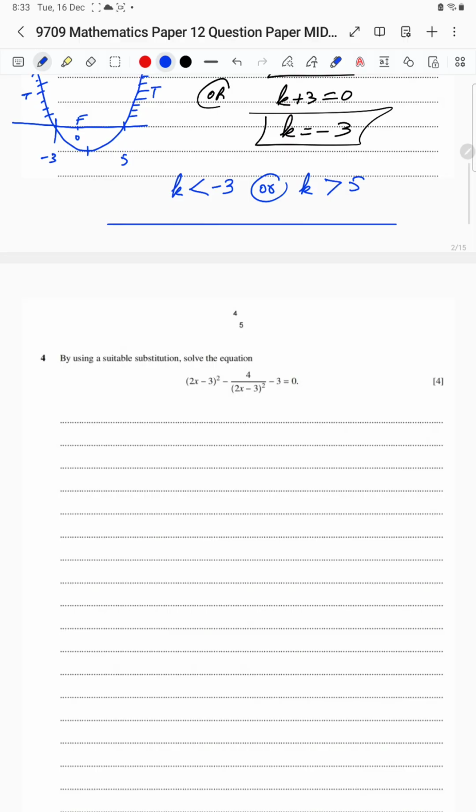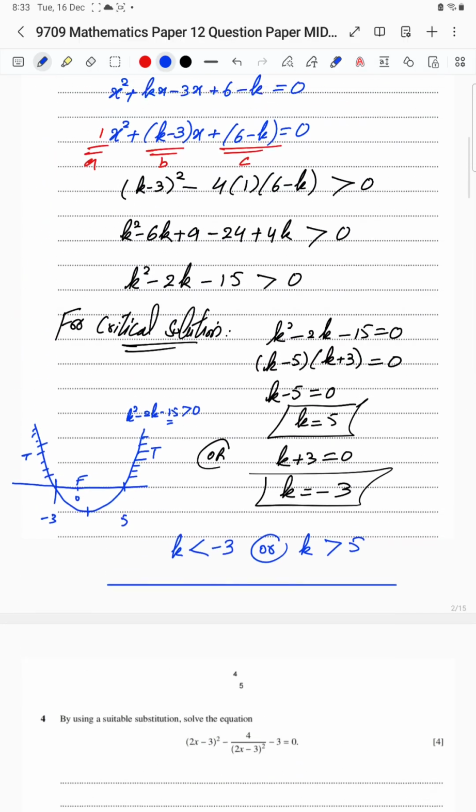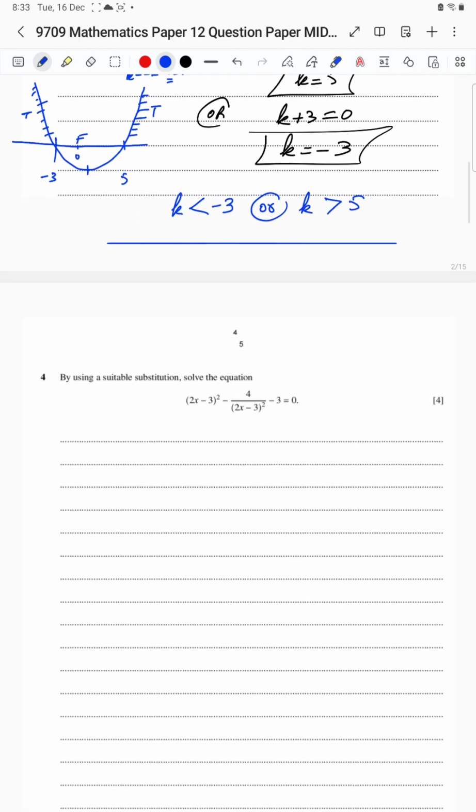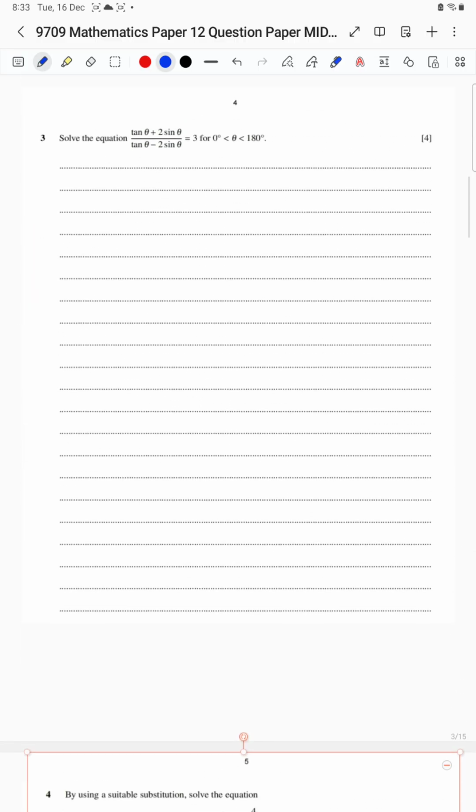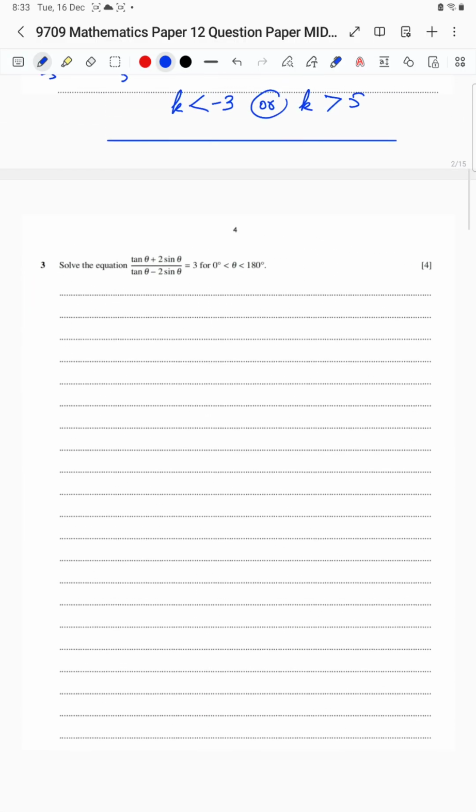Next one is question number 3. Solve the equation tan theta plus 2 sin theta over tan theta minus 2 sin theta equals 3, where theta lies between 0 and 180 degrees.